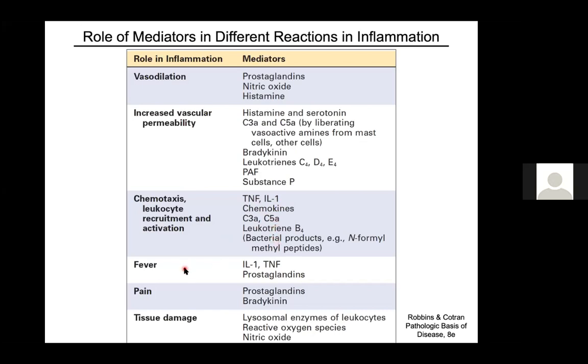And then you have still the same cytokines being responsible for causing fever, prostaglandins and bradykinin causing pain, and then the enzymes and the reactive oxygen species from the leukocytes being the ones that cause tissue damage. Okay, so these are basically the things that we see occurring in acute inflammation, and all of them occur at the same time.